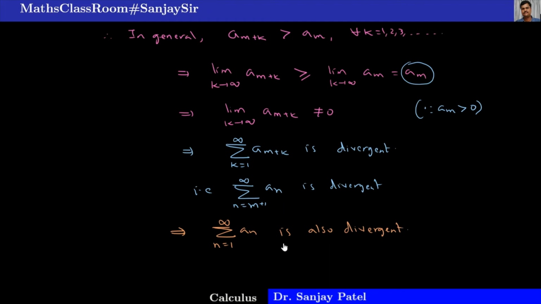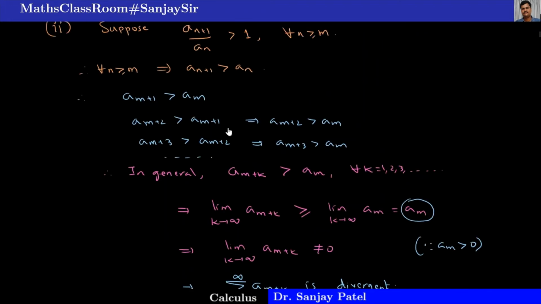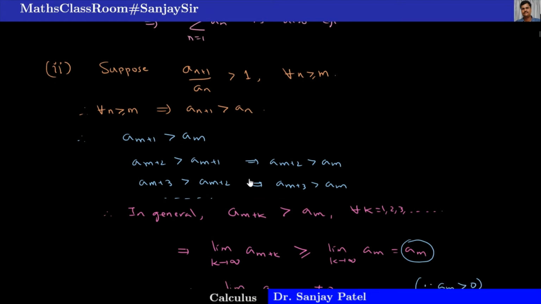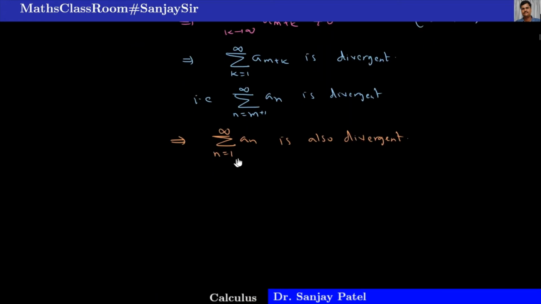So we have proved that if the ratio an plus 1 upon an is greater than 1, then the series sigma an is divergent. So this proves the theorem.